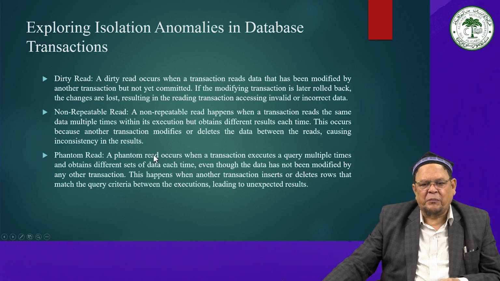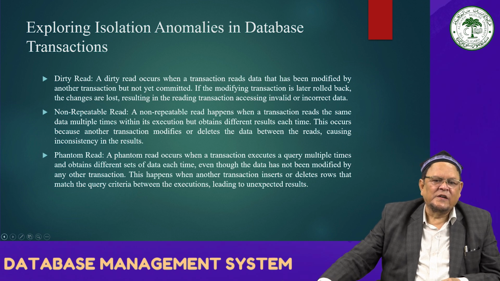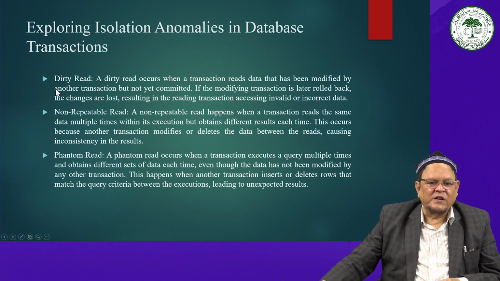A non-repeatable read happens when a transaction reads the same data multiple times within its execution but obtains different results each time. Phantom reads occur when a transaction executes a query multiple times and obtains a different set of data each time. This happens when another transaction inserts or deletes rows that match the query criteria between the executions, leading to unexpected results. So there are three anomalies: dirty reads, non-repeatable reads, and phantom reads.